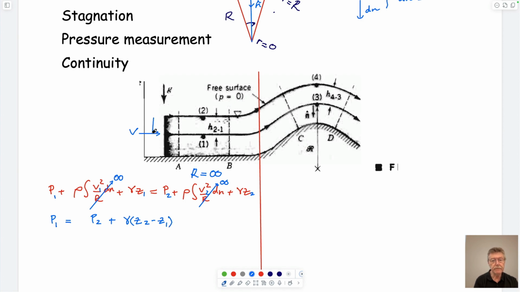If Z2 minus Z1 is what we call H, then this is just equal to H. And so this exactly is saying that if we want to calculate the pressure at point 1 from point 2, we know that the pressure at point 2, if it's a free surface, is atmospheric.